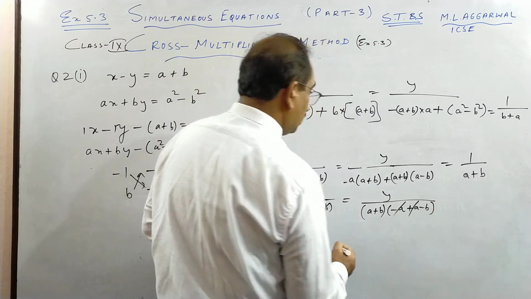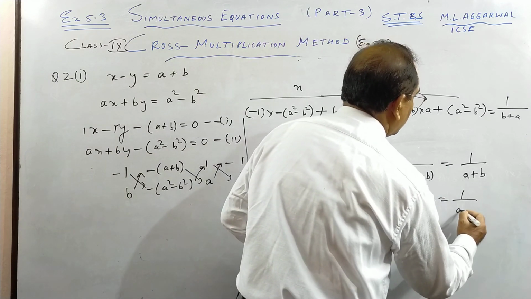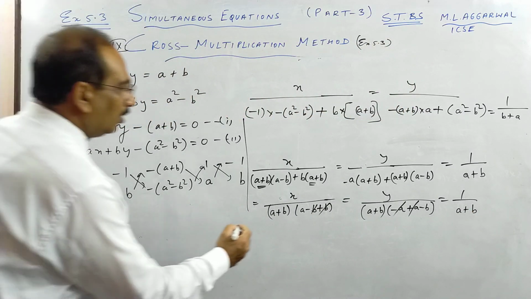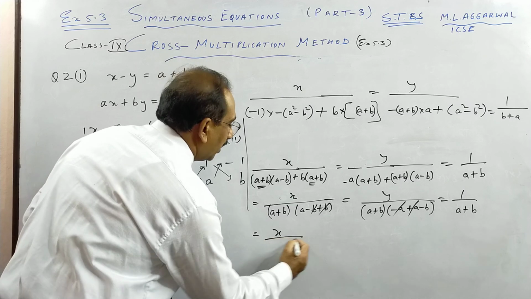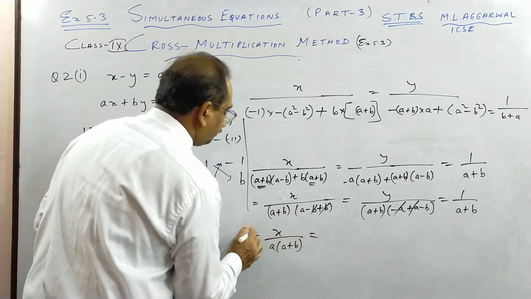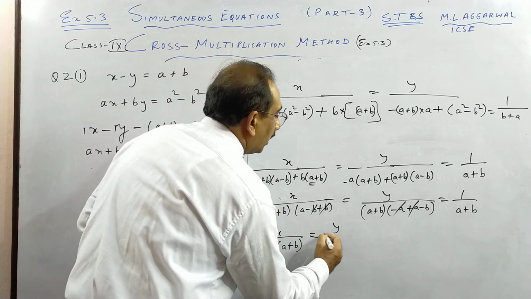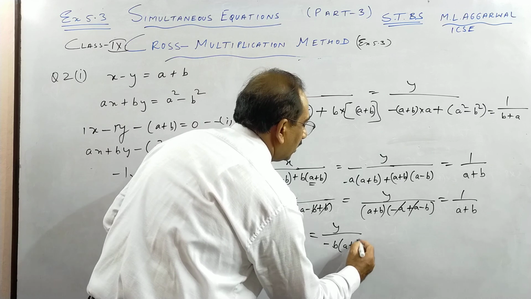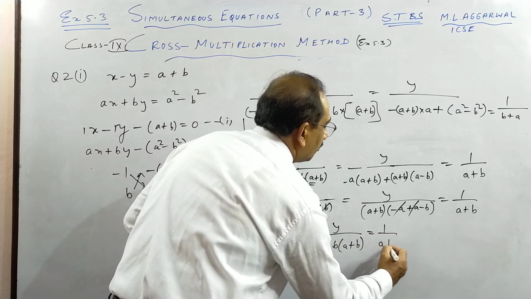So here this cancels, 1 by a plus b. So what we have here finally, x by a plus b plus y by minus b a plus b by 1 by a plus b.